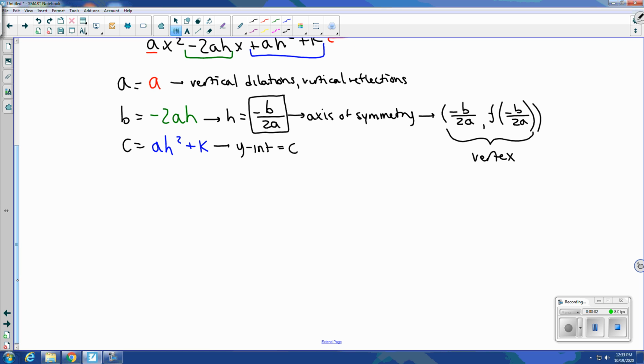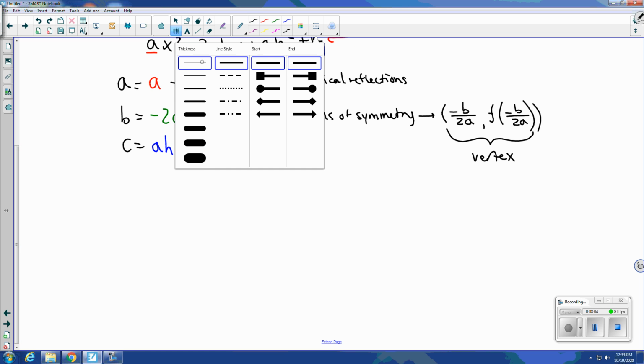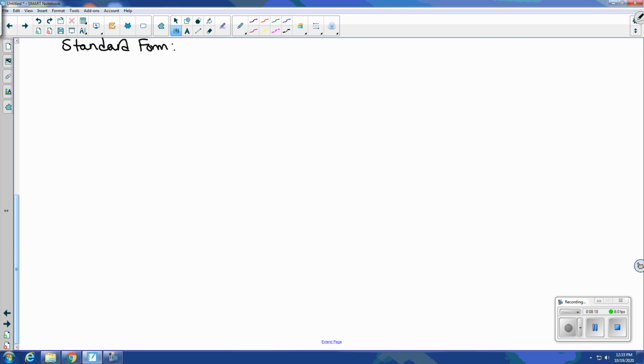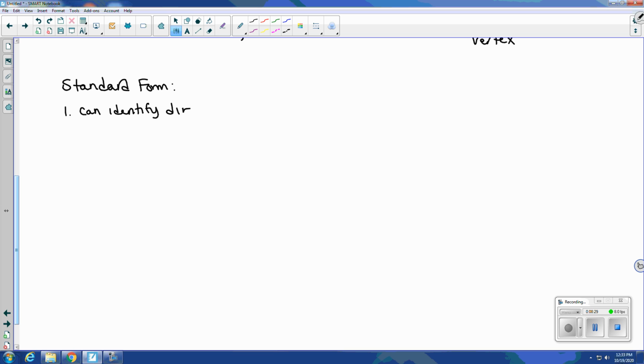So let's generalize some interesting aspects that we can discover through standard form equations. First thing, we can identify the direction, meaning does it open up or down?